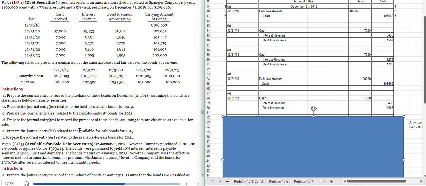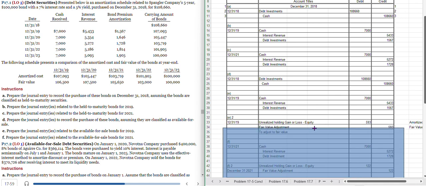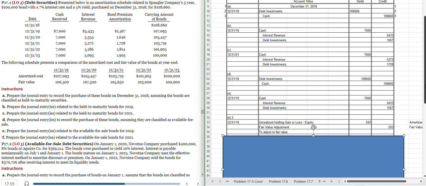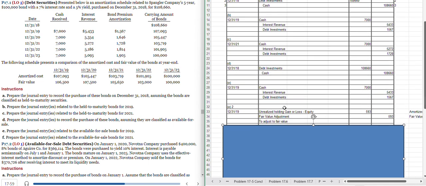And because these are available for sale, it will go into the equity account. So we're going to have the fair value adjustment entry of a debit to unrealized holding gain or loss in equity and a credit to fair value adjustment.